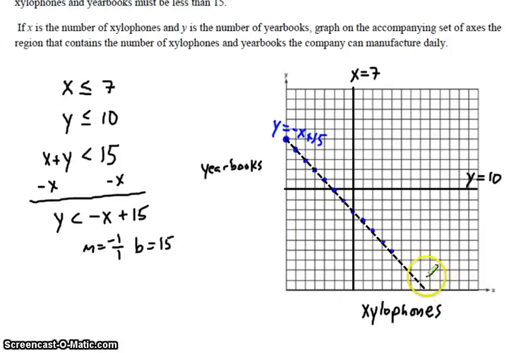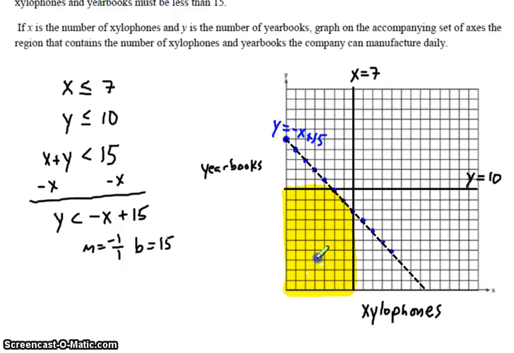I could shade all this in, sure. And then this is less than this line, so it would be this way. The area that makes all that up is this rectangle minus the little fold right there. This would be my solution area.